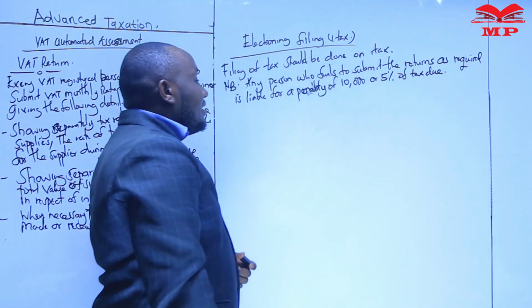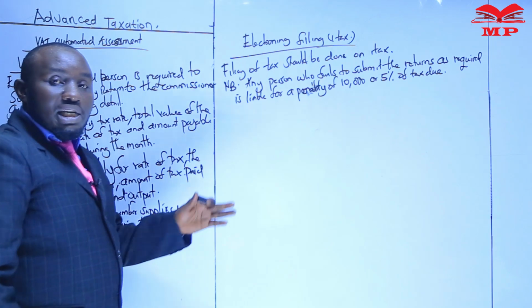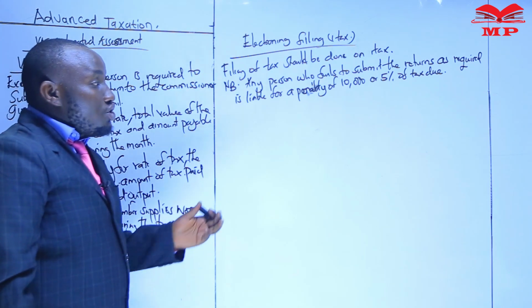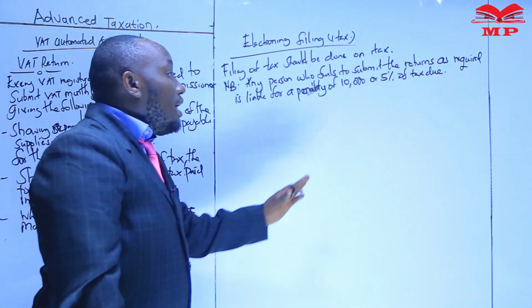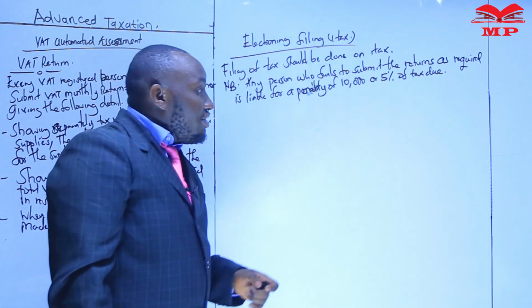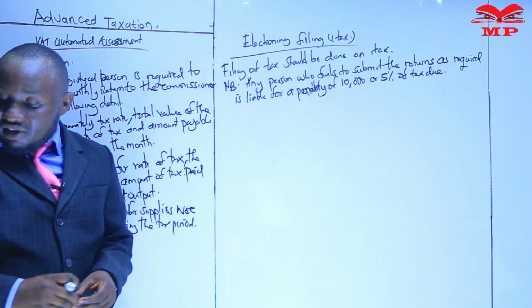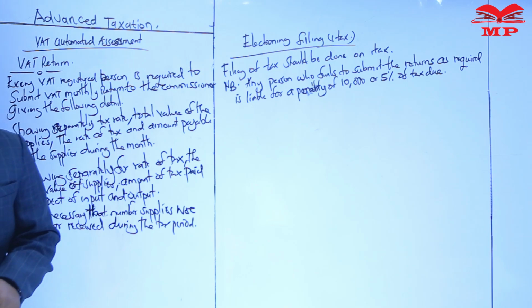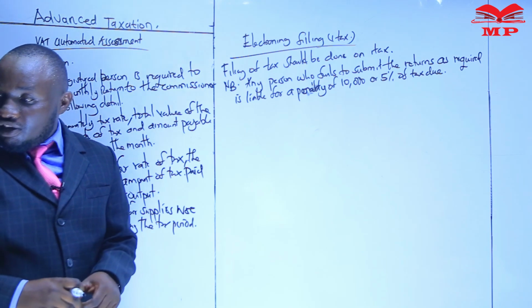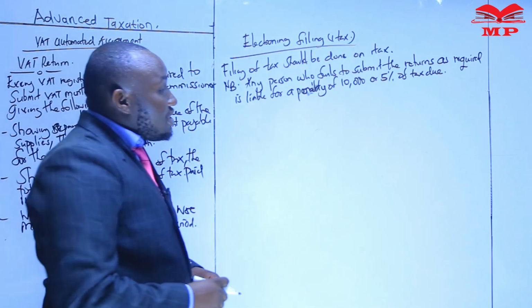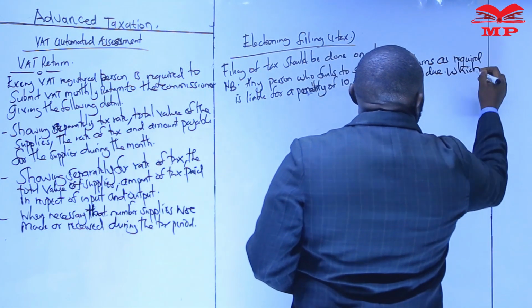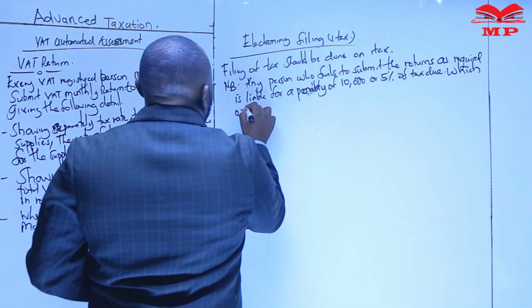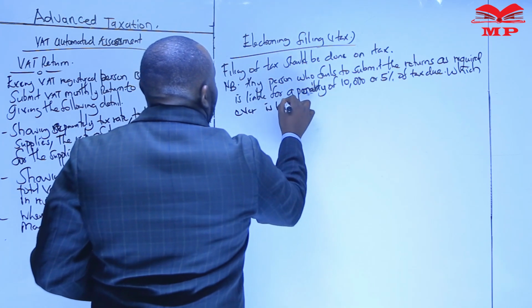So if you don't file the returns, automatically the system generates that you need to pay 10,000. But if you needed to pay and you do not pay, the 10,000 will be compared with the 5% of the tax due, whichever is higher.